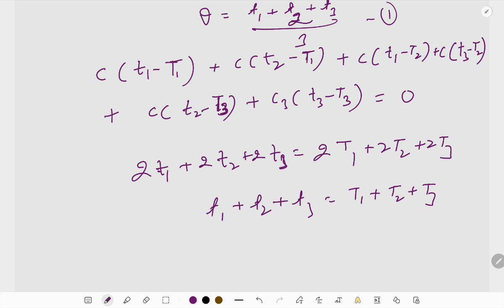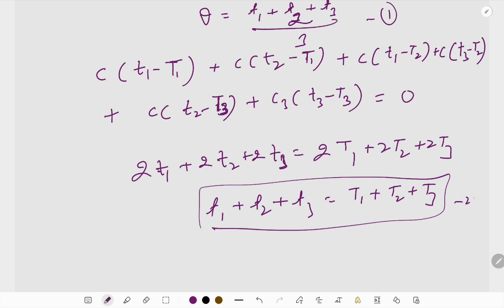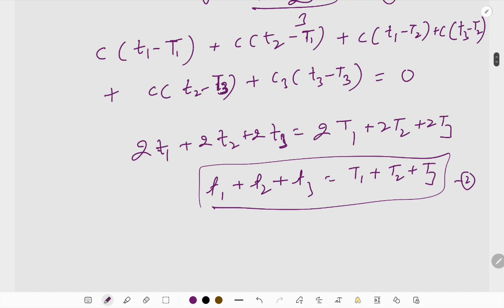So we got the result. This is our second equation, and we wanted to get the value of theta. The small t1, t2, t3 were knowns, and the capital T1, T2, T3 were unknowns. So the established temperature, if all three bodies are brought into thermal contact with each other, will simply become theta equals (T1 plus T2 plus T3) by 3.